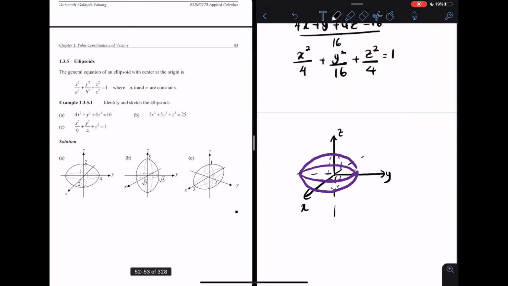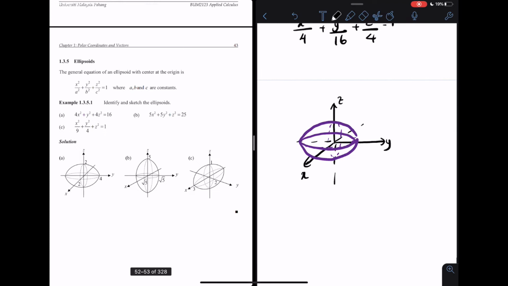So you will end up with this type of shape. You can go through the examples for B and C. By right, you should get the same answers as listed on page 43.